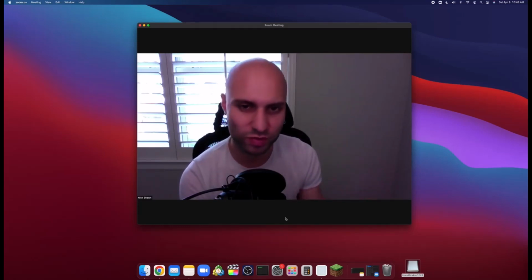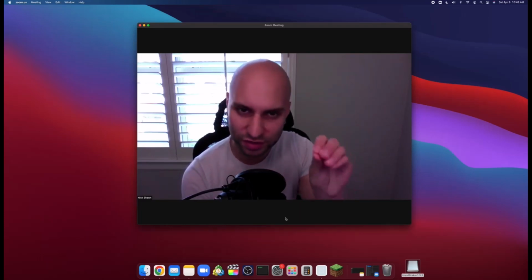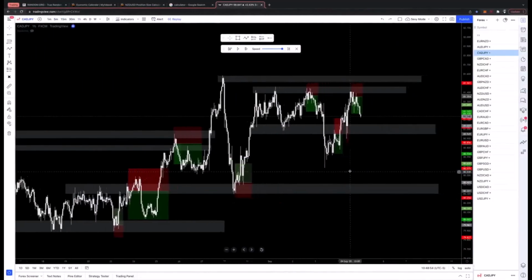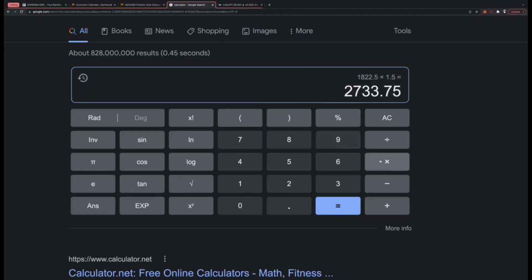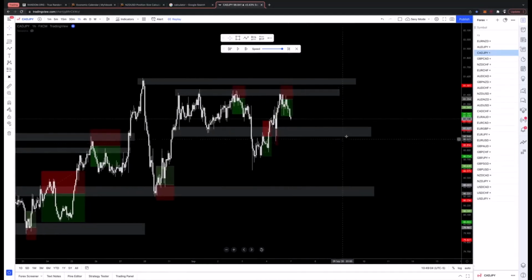Your stop is probably half the distance it would normally be. That usually means that as long as you get that initial push into profit, you're going to quickly have your profit target hit. It's a very interesting thing. So 2,700 times 1.5, 4,100. All right, let's keep going and see what we can snag here.